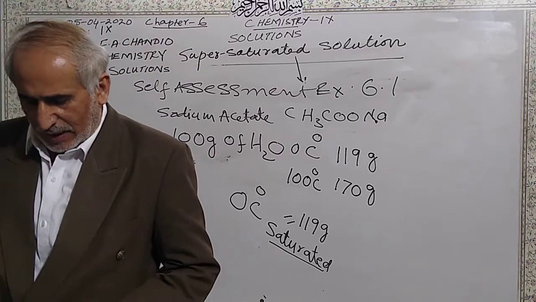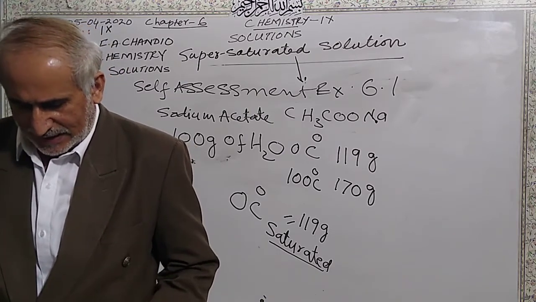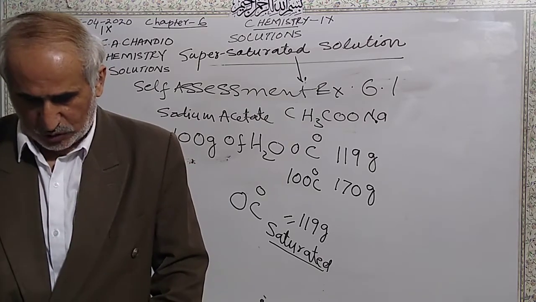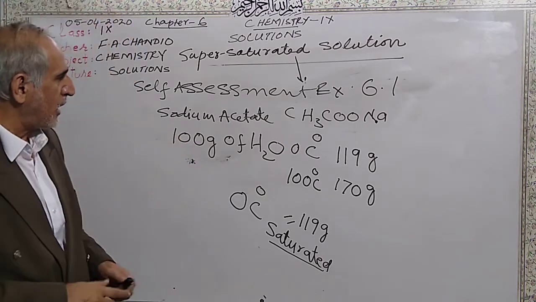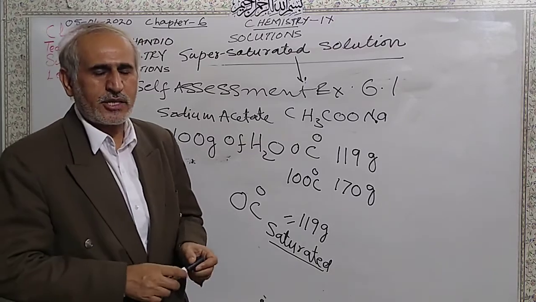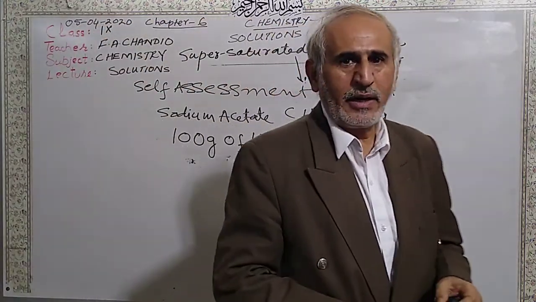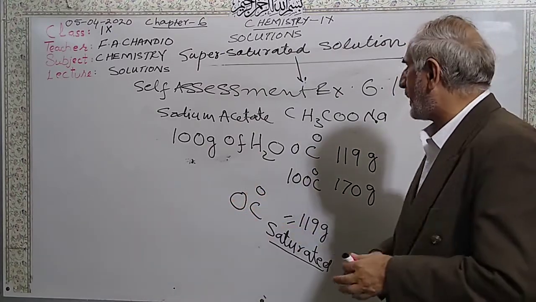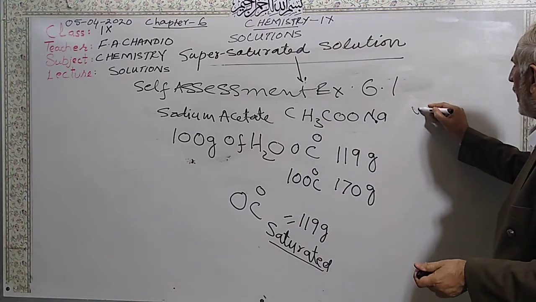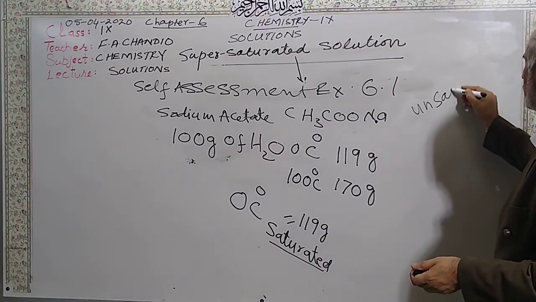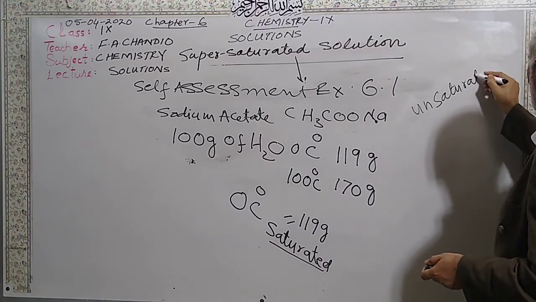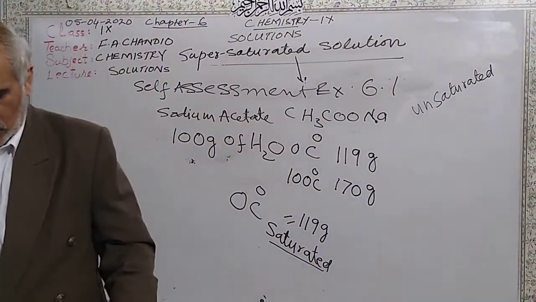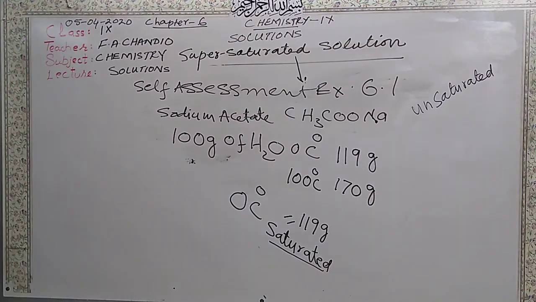The question is now, is the solution saturated, unsaturated, or supersaturated? Viewers and students, when you add a solute in a solution and it completely dissolves, with no crystallization or precipitation taking place, the solution is called unsaturated. So this solution is called an unsaturated solution.